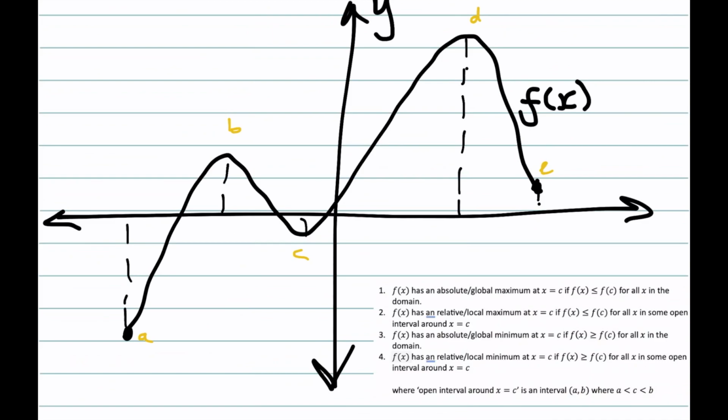Here, our function value at x equals d, so f of d, is going to be the highest function value we have defined on this domain. So this is in fact an absolute maximum. But because of the way a relative maximum is defined, it can also be classified as a relative maximum.